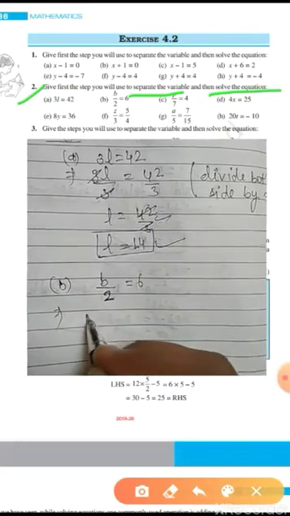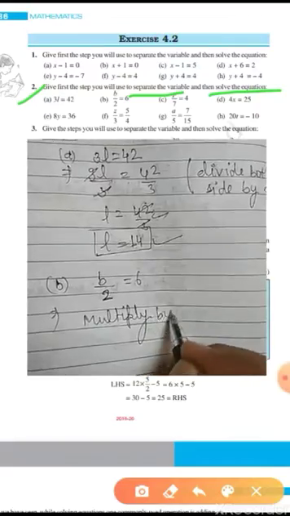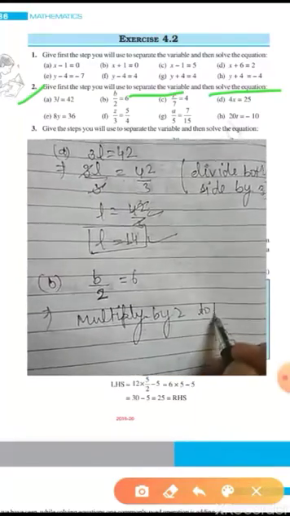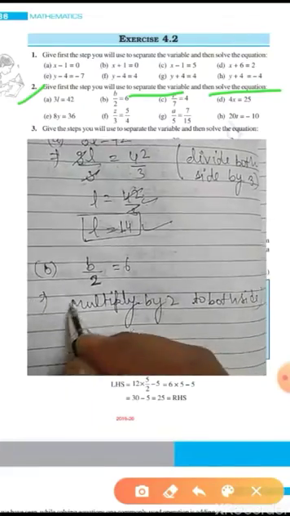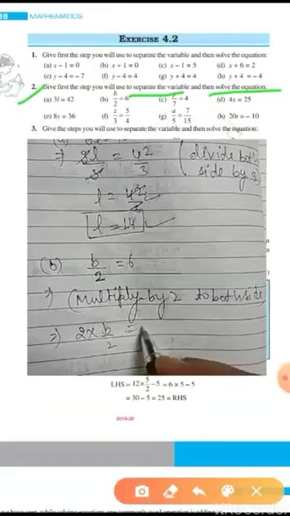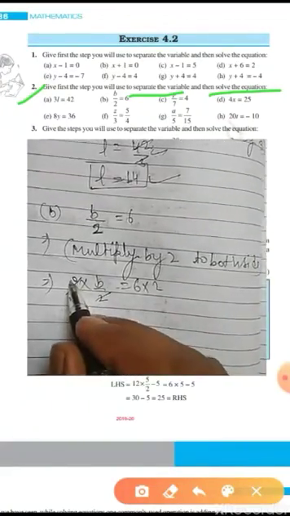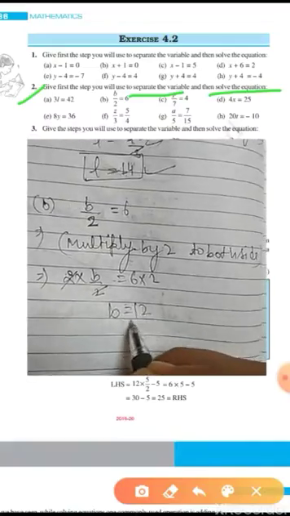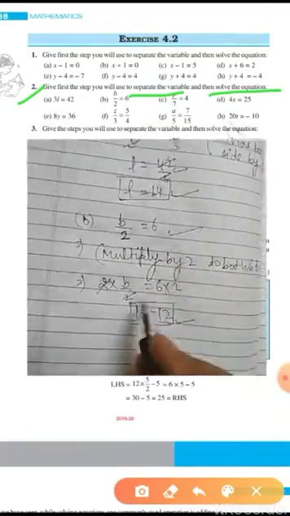So multiply by 2 on both sides. 2 into b by 2 is equal to 6 into 2. So this 2 cancels. So b is equal to what? 12. So b is equal to 12 is the solution of this.